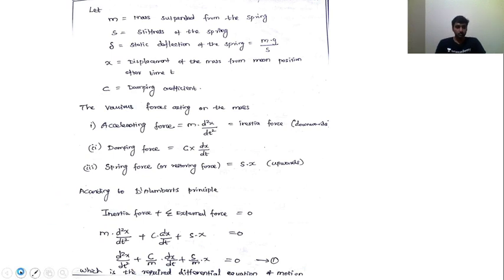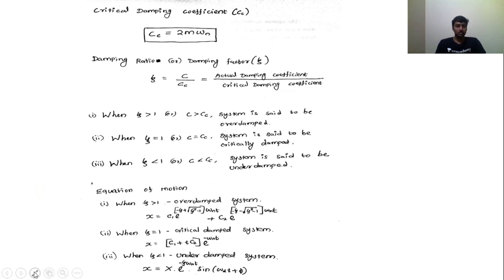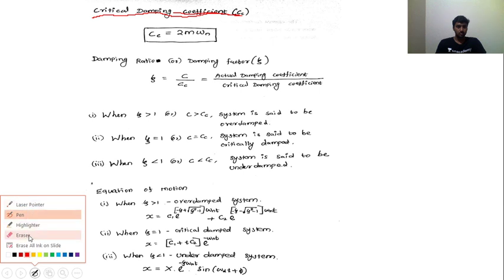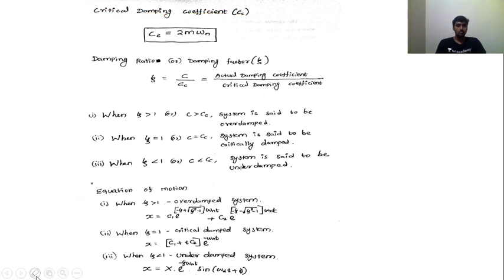The next very important definition is the critical damping coefficient. The critical damping coefficient, C suffix C, is equal to 2m omega n.